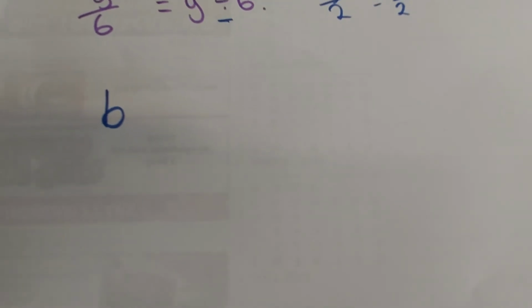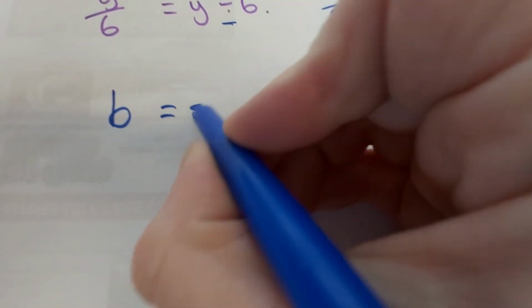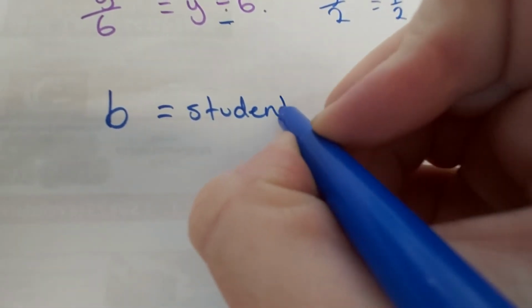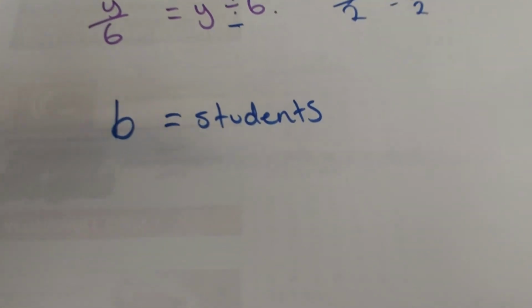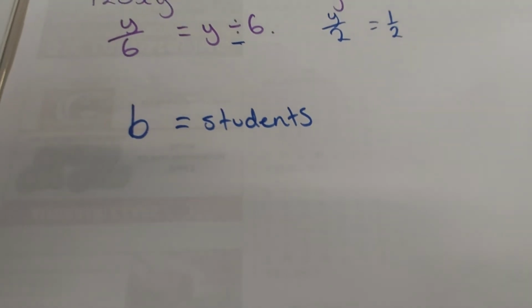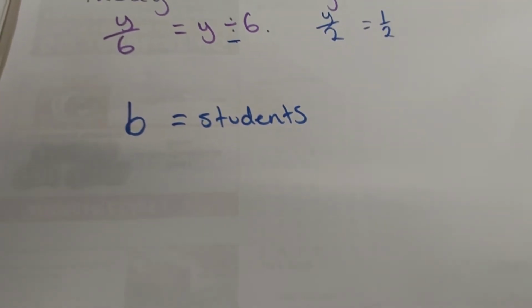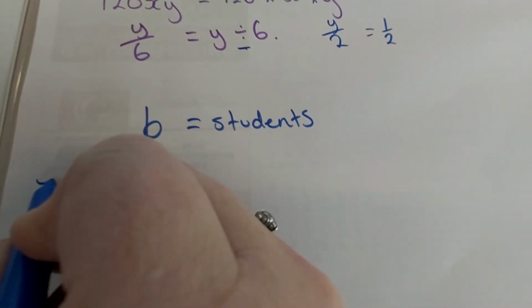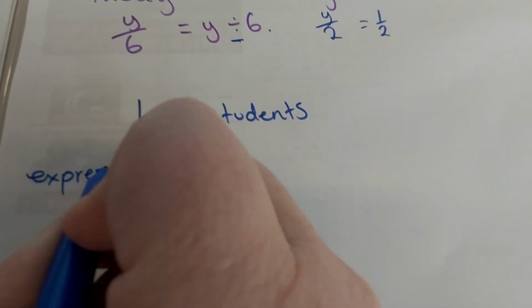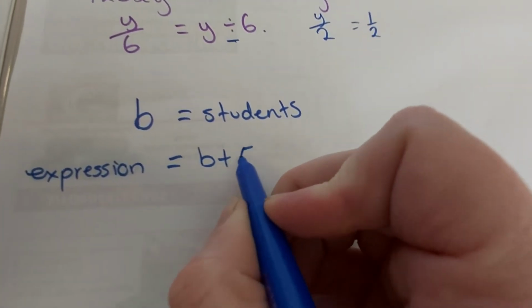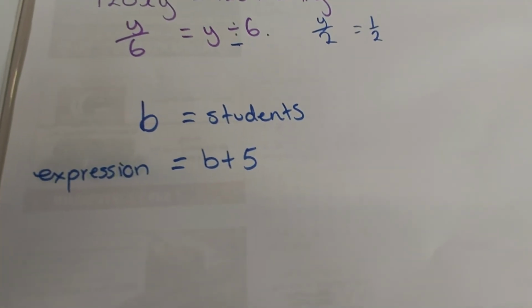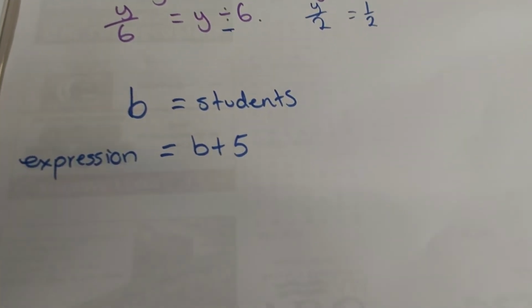So that is the amount of students in our class. Now, if I add another 5 students to our class, the way I would write that is called the expression, and that would be equal to B plus 5 because we added 5 students to our class.